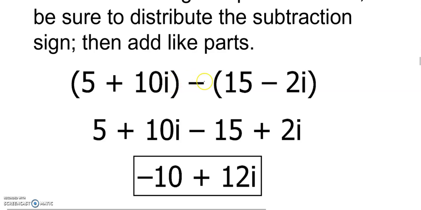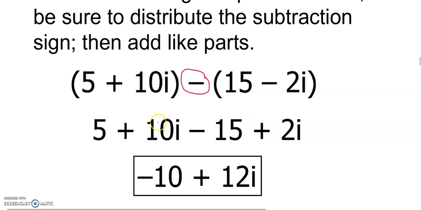Now we are going to subtract the second number from the first one. So 5 plus 10i minus (15 minus 2i). Now you have to distribute this minus sign to the second complex number. You distribute the minus 1 with 15, that is minus 15, and minus 1 with minus 2i, that is plus 2i.